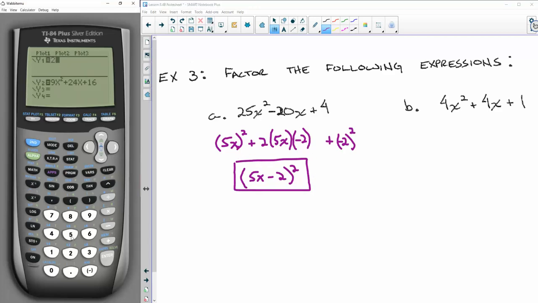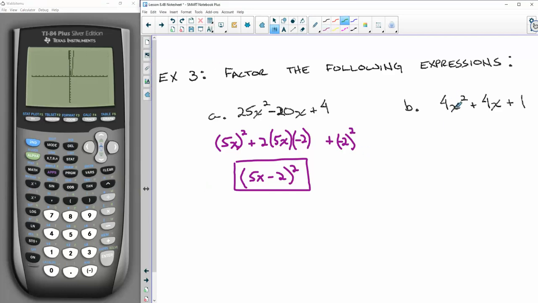Here's the original written in standard form, or general form, 25x squared minus 20x plus 4. And then we wrote it in factored form, 5x minus 2 squared. Let's check the table. They are the same. Boom.